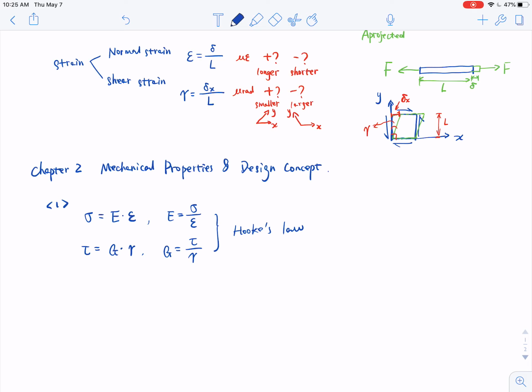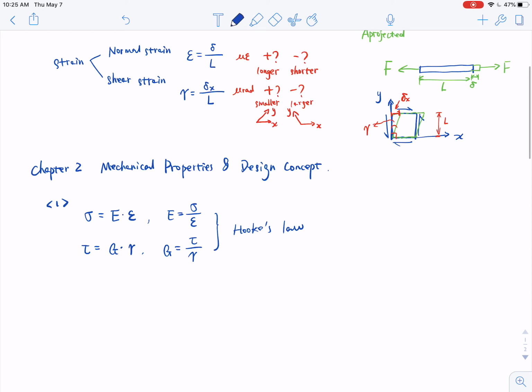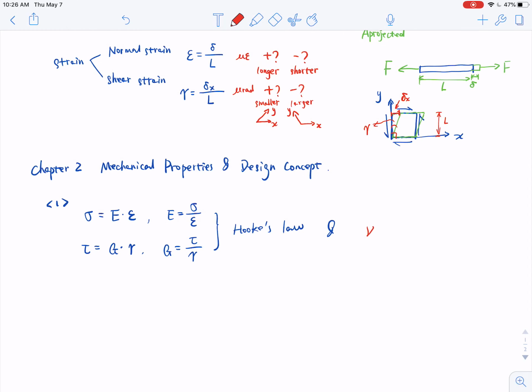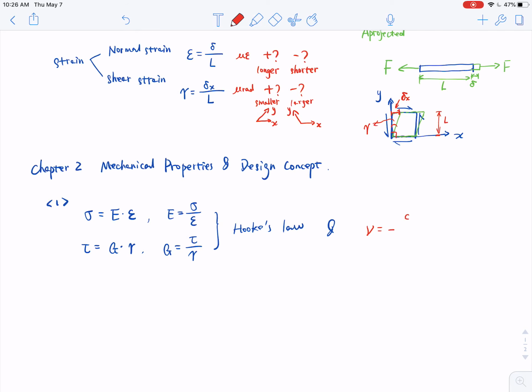Another important parameter you need to know is the Poisson ratio. The Poisson ratio is negative lateral strain over longitudinal strain.